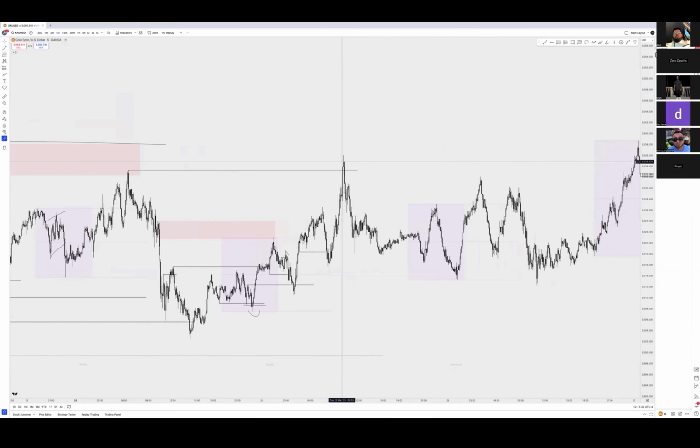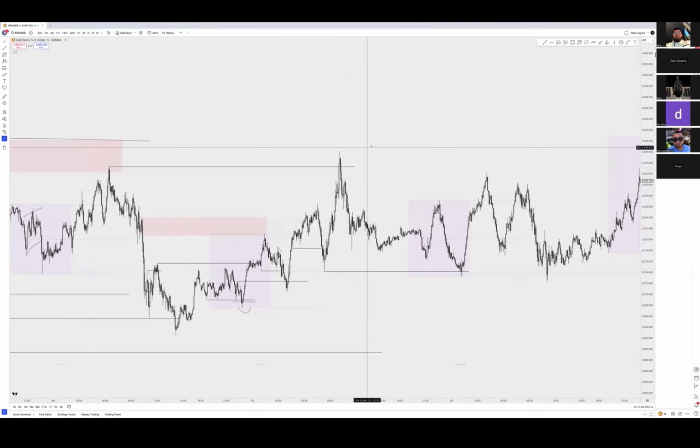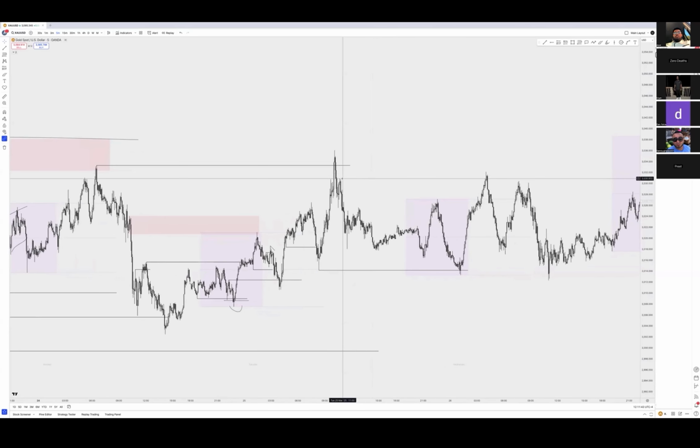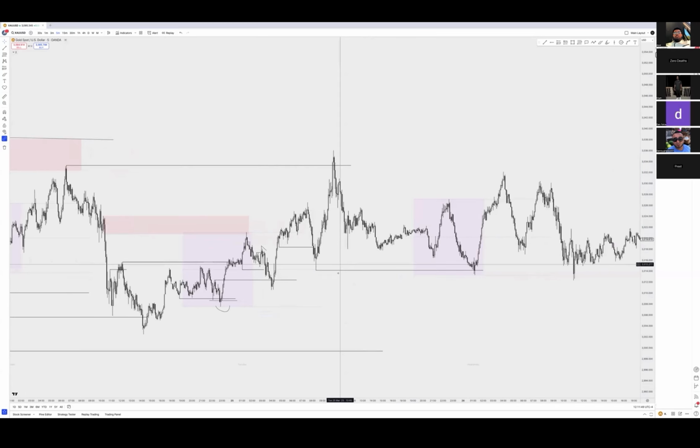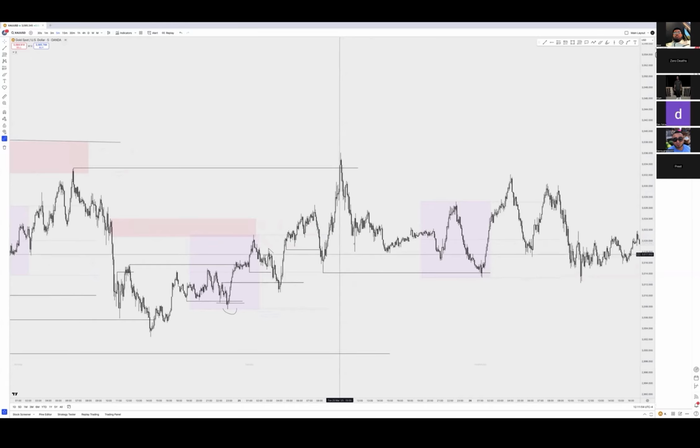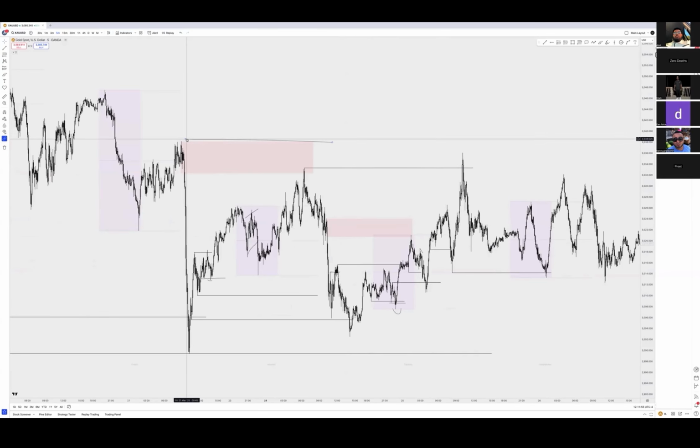But yeah, so honestly, all of New York would just be, I'd say, building liquidity, right? Because I would want this low to get taken out, at least bare minimum. And honestly, I wouldn't even want to short towards there because we got this as well, right?